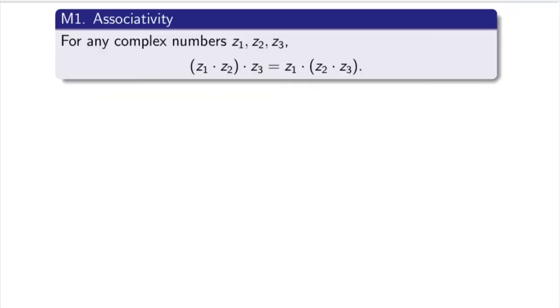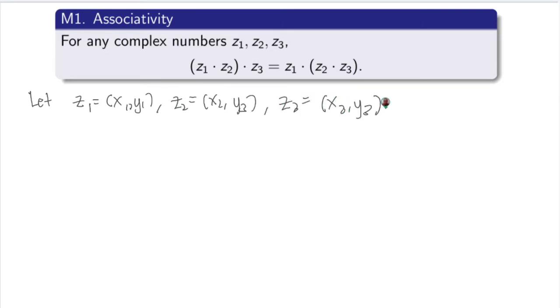To show the associativity property, we will use the same technique as before. We will show that the left-hand side is equal to the right-hand side. So let C1 equal the complex number (x1, y1), and C2 equal the complex number (x2, y2), while C3 equals the complex number (x3, y3).